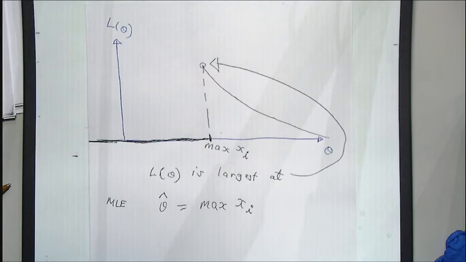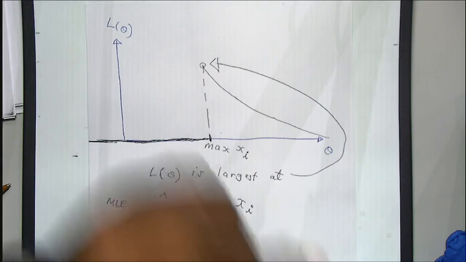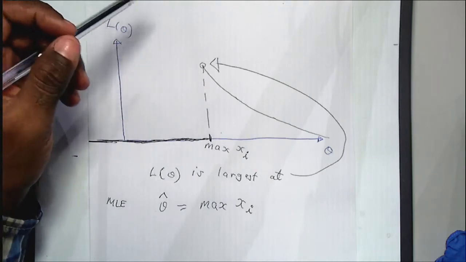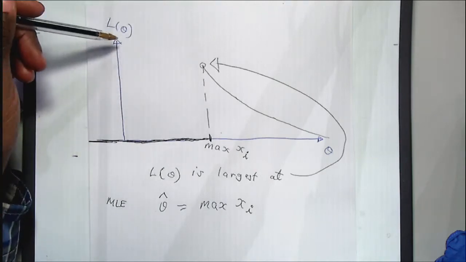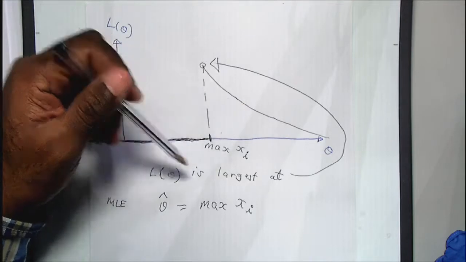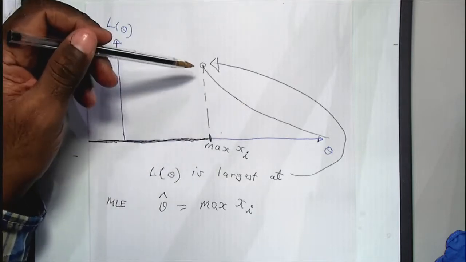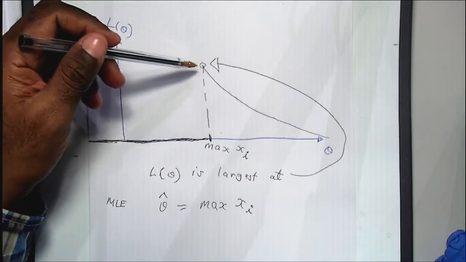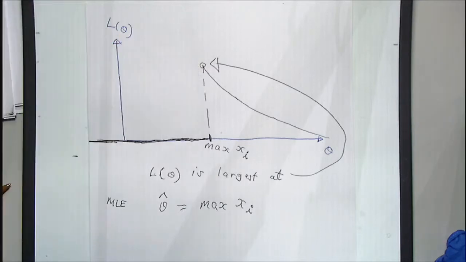So what I have done is to write down the likelihood function, plot the likelihood function versus the parameter theta, and find the largest point of the graph, because remember the principle of MLE is the value of theta for which the graph attains the largest value.